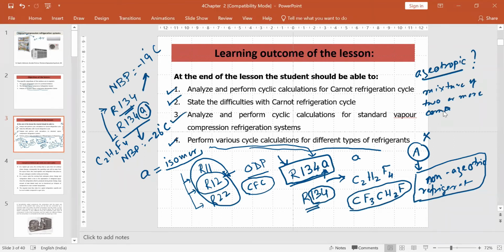But you cannot mix any two components. They have a certain property that they boil at the same temperature. The two components you mix should have the same boiling point. They are different components, but their boiling point is the same. If you mix them and form a new component, then this is called an azeotropic refrigerant.